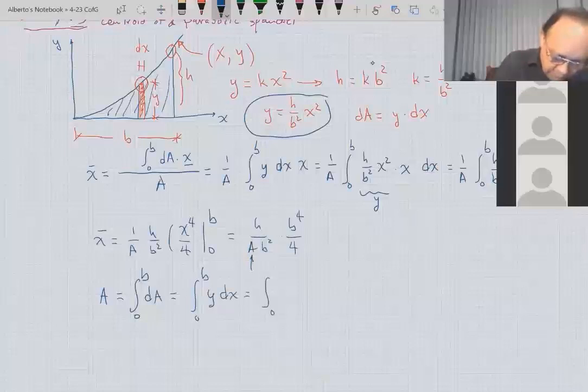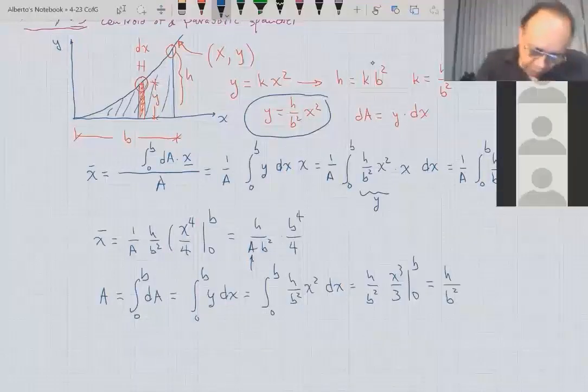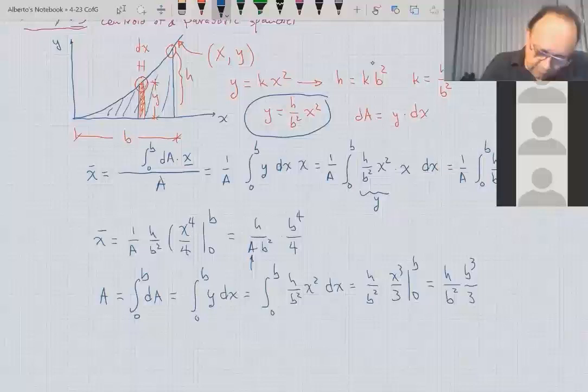So the integral from 0 to b of y, which is h over b squared times x squared, times dx. So the area is equal to h over b squared times x cubed over 3 from 0 to b. So it will be h over b squared times b cubed over 3. So this would be hb over 3.